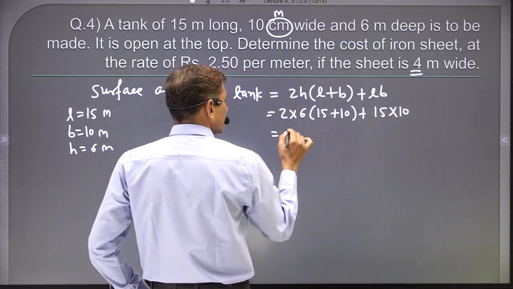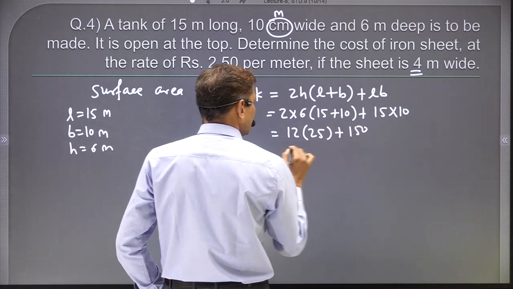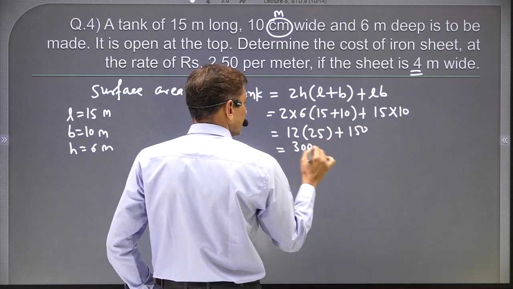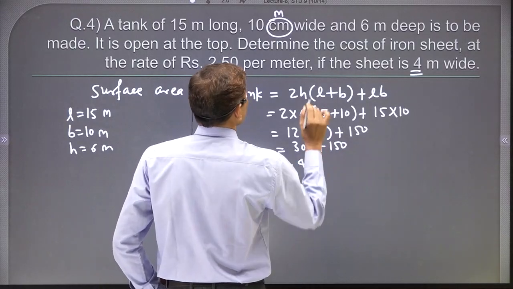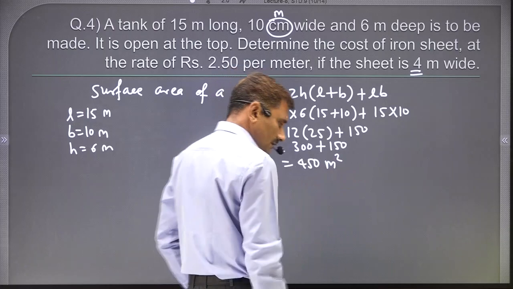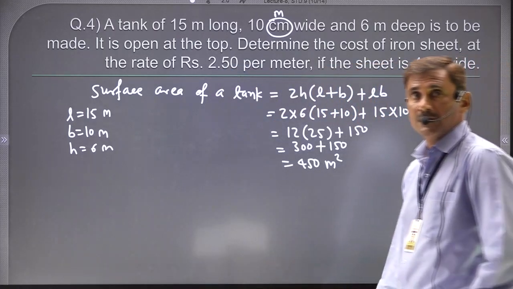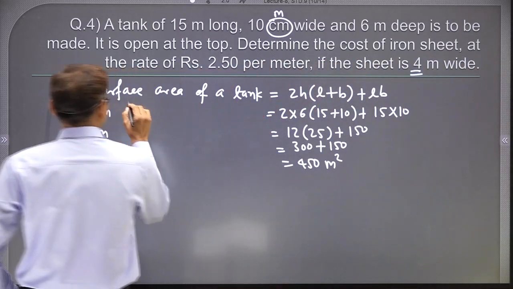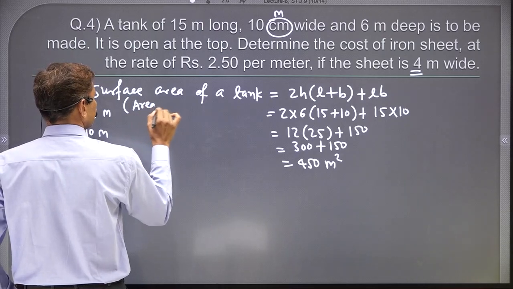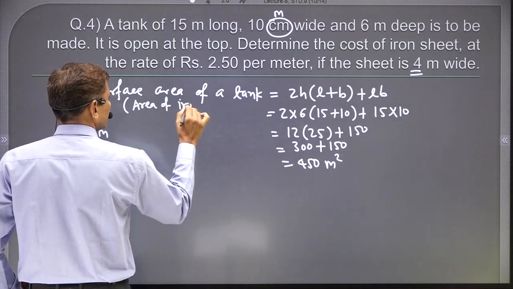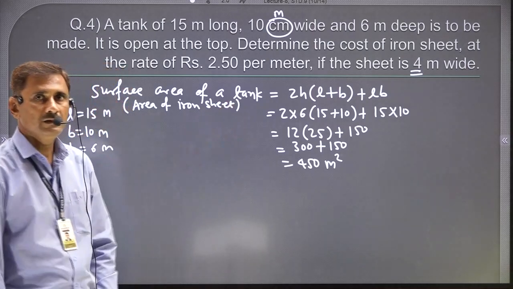Okay, so it will be 12 into 25, this is 150, so it will be 300 plus 150. So 450 meter square is the total area of iron sheet required. Otherwise you can write area of iron sheet required also. So that much iron sheet is required there.